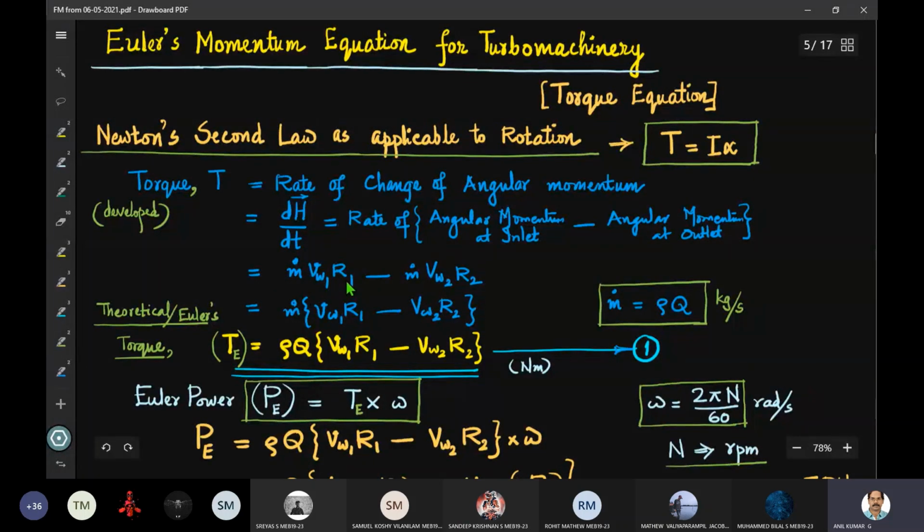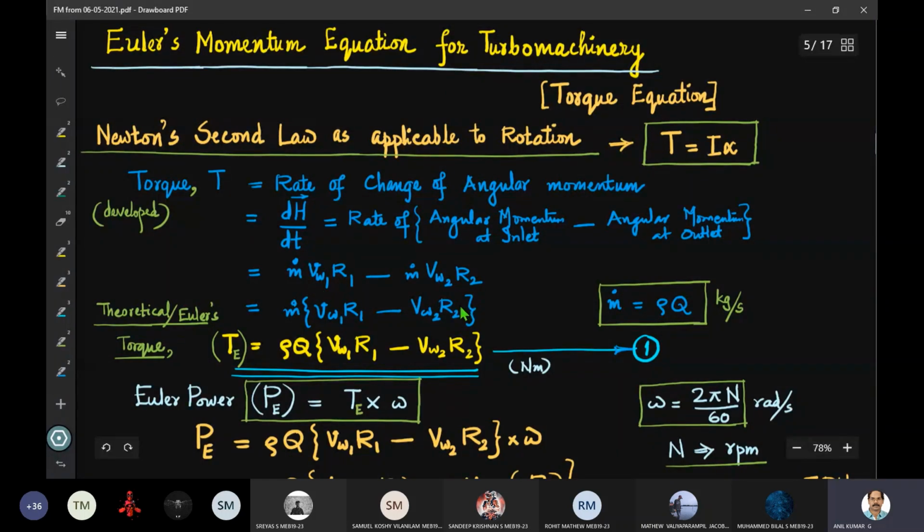R1 is the radius of rotation, that means the radius of the rotating wheel from its center to the inlet point. So m dot Vw1 R1 is the rate of angular momentum possessed by the fluid at inlet.